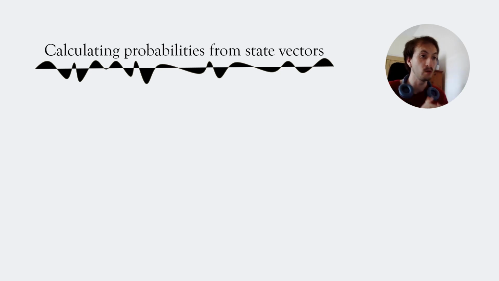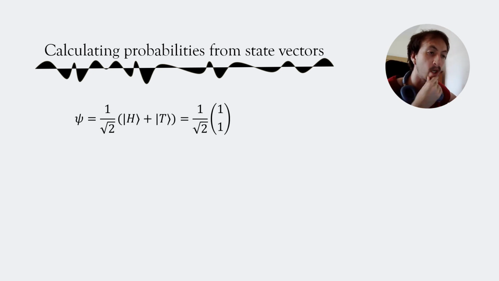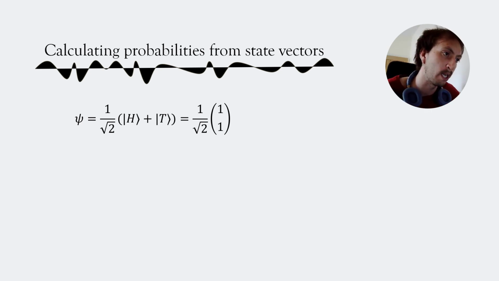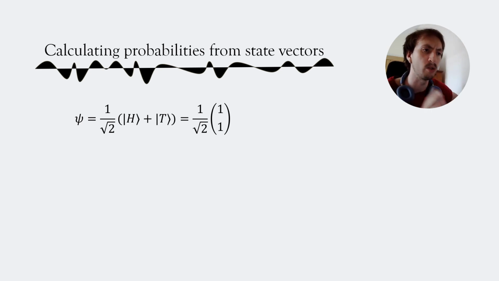So now we've talked about state vectors, we need to look at how we calculate the probability of observing a system in a particular classical state from these state vectors. As a reminder, a quantum system when unobserved is in a mixture of classical states, if you like, or really in between classical states.